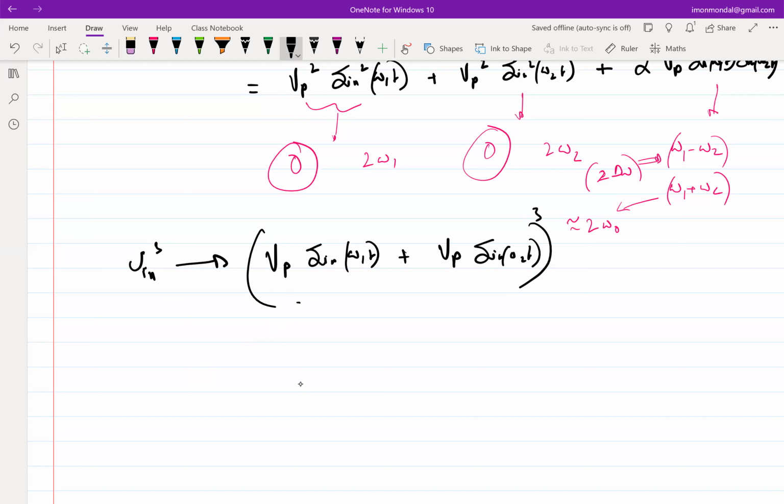So essentially the terms that you get are the usual ones, which are 3 omega 1 and omega 1, then 3 omega 2 and omega 2, right? And then you get something which are 2 omega 1 minus omega 2.